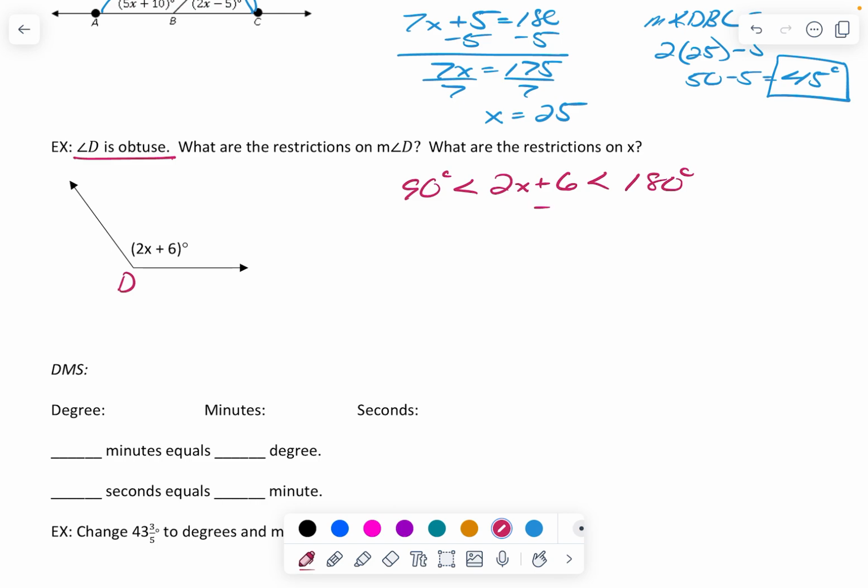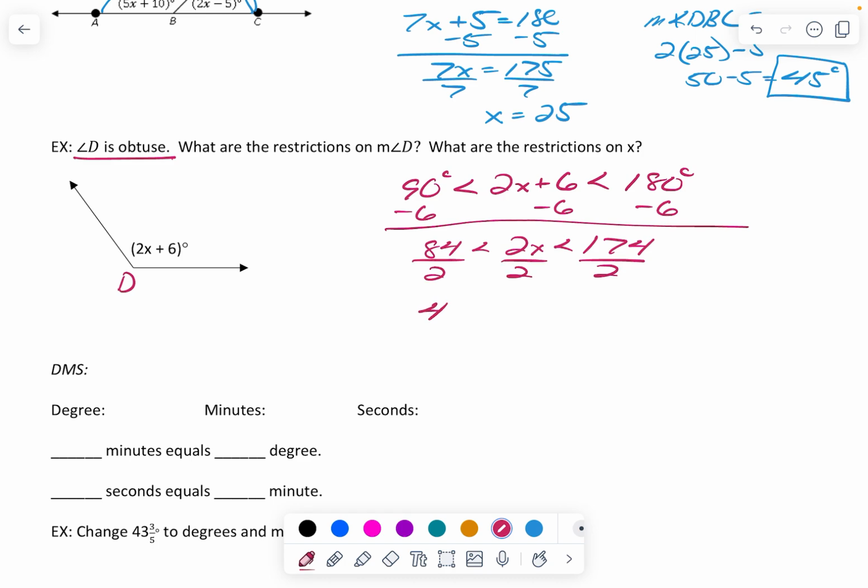And so now when we solve it, we're going to subtract 6 from all parts. And that's going to give us 84 less than 2x less than 174. Dividing everything by 2, we get 42 less than x less than 87.